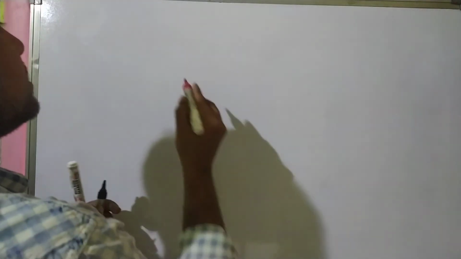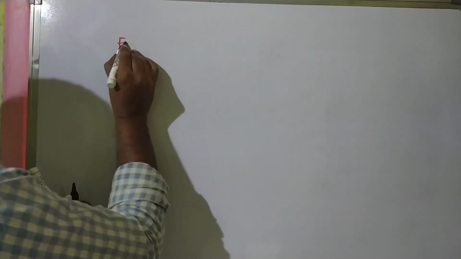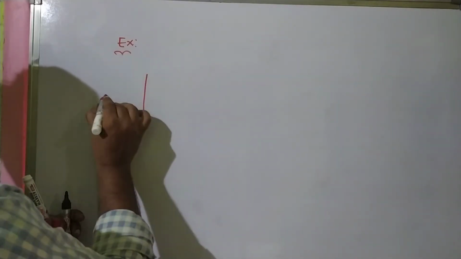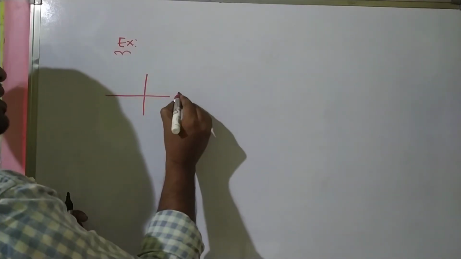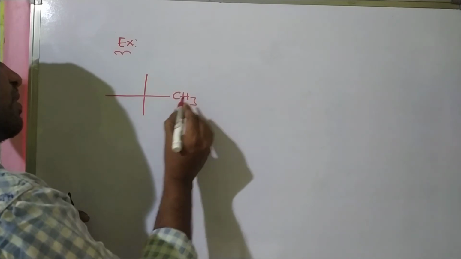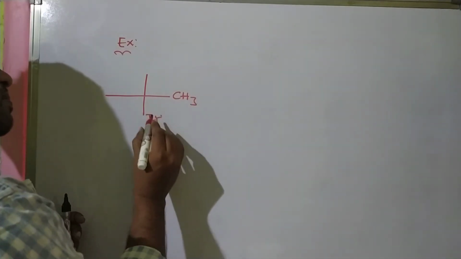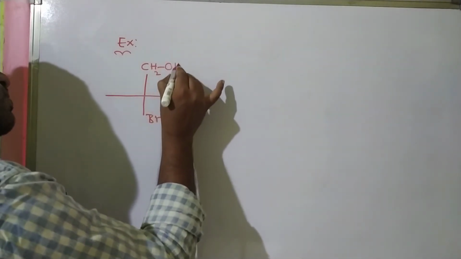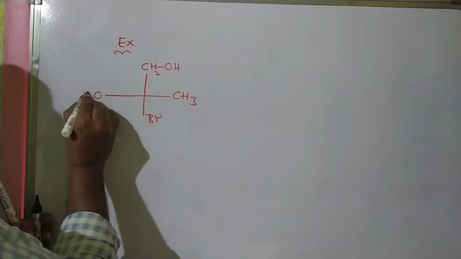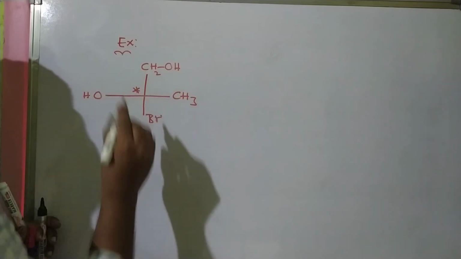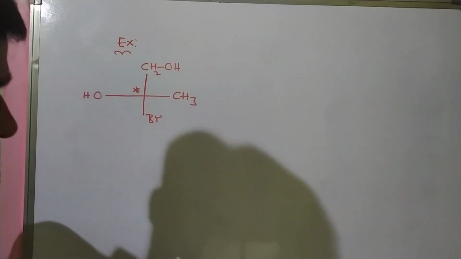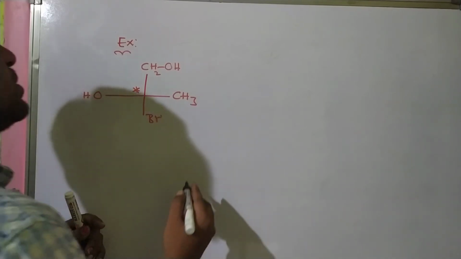Next, one more example. Here methyl, here bromine atom, here CH2OH, here OH. So this is the chiral carbon. Now find out the rotation. What is the rotation? Please, students.